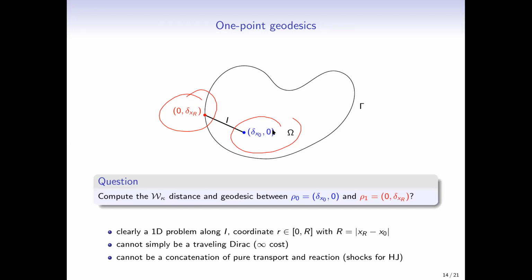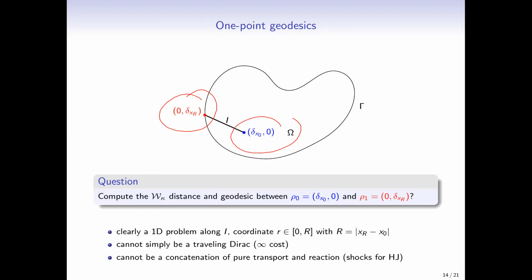This is your zero measure, and the measure at time one should match the other way around. So there's no city cars, and there's only road cars located at position xR on the boundary. So what you want to do is compute the geodesic and the distance between those two measures. So first of all, clearly, it's a one-dimensional problem, so everything will take place along this one-dimensional segment, capital I, that joins the two points in my domain.